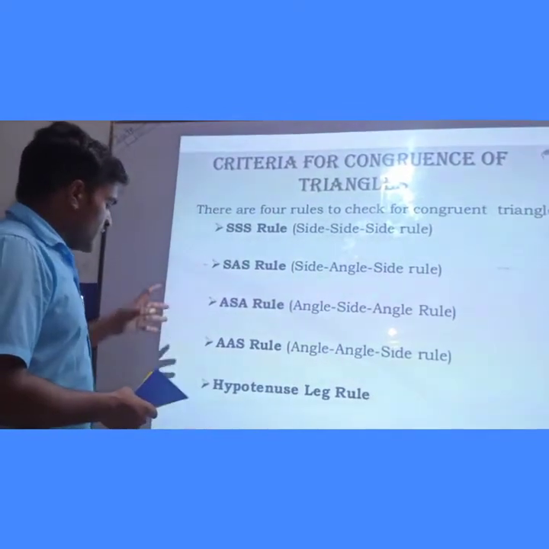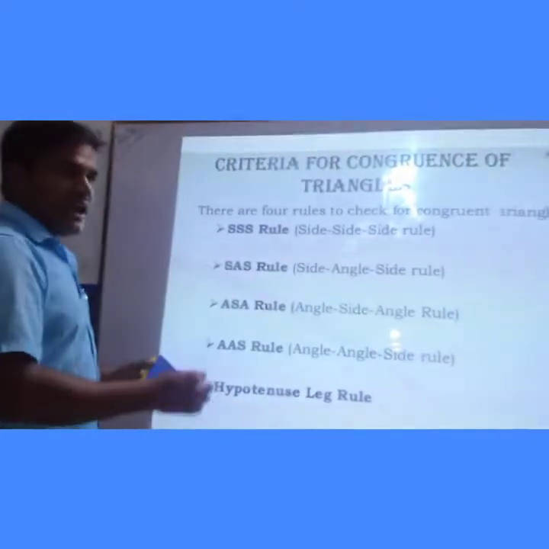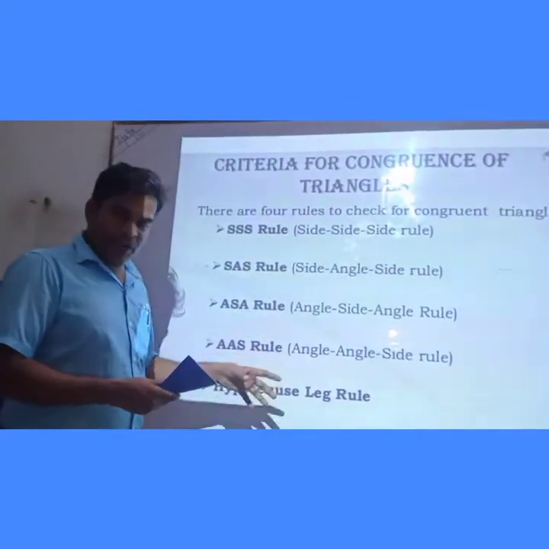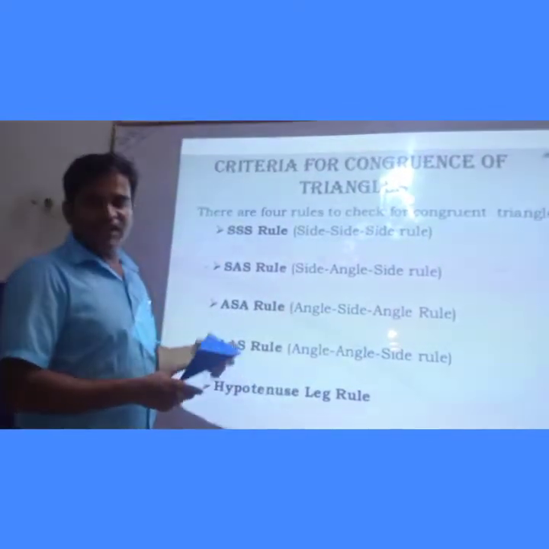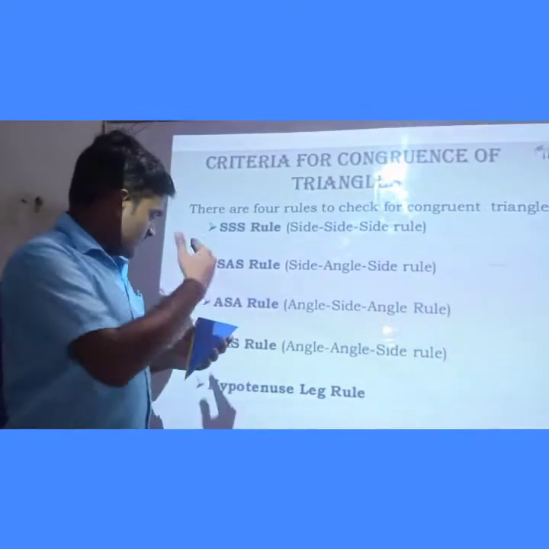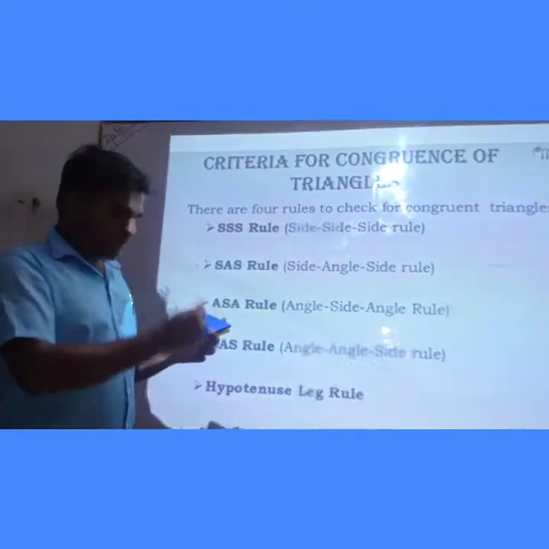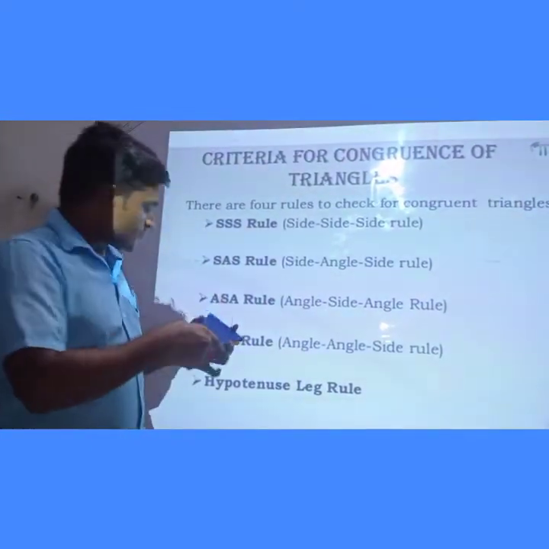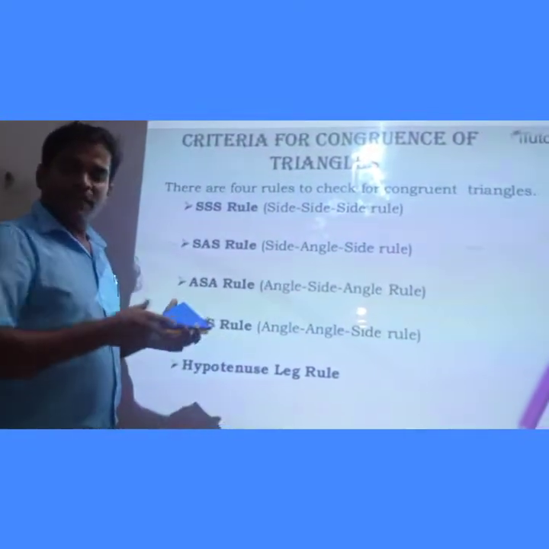In the RHS rule, the right angle, hypotenuse and one corresponding side of one triangle are equal to the right angle, hypotenuse and one side of the other triangle.